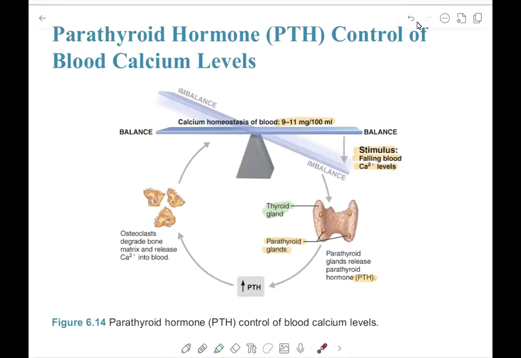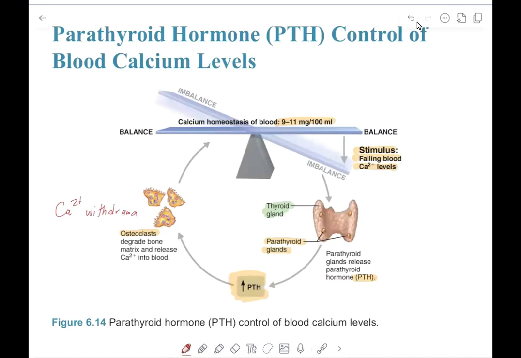But on the posterior side of the thyroid gland are these parathyroid glands, which release PTH. So PTH is released. That activates osteoclast cells. And osteoclast cells, remember, are responsible for calcium withdrawal.